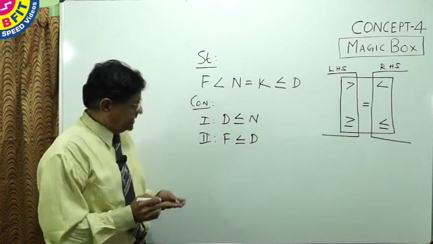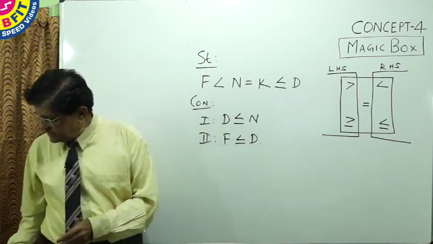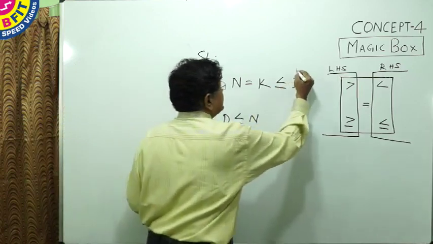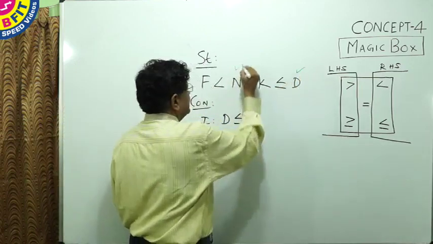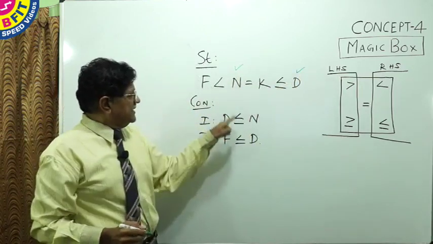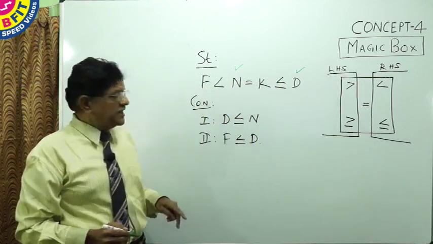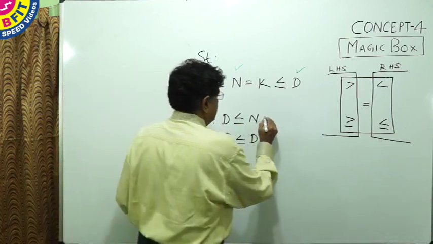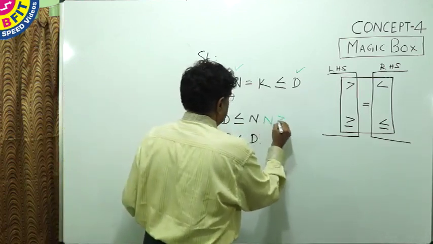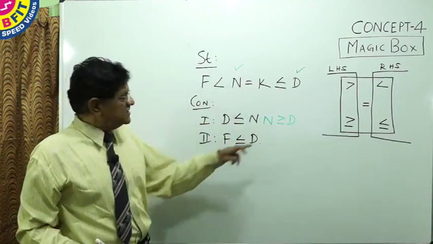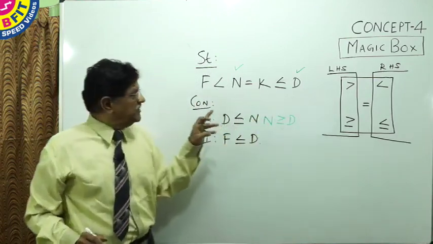Now what we have to do is to verify this: D is less than N. Now let us try to solve this using the magic box. Now where is D? D is here, N is here, therefore the conclusion is not in sync with the statement, so we have to verify N is greater than or equal to D. Whether it is true, from the magic box we will verify.